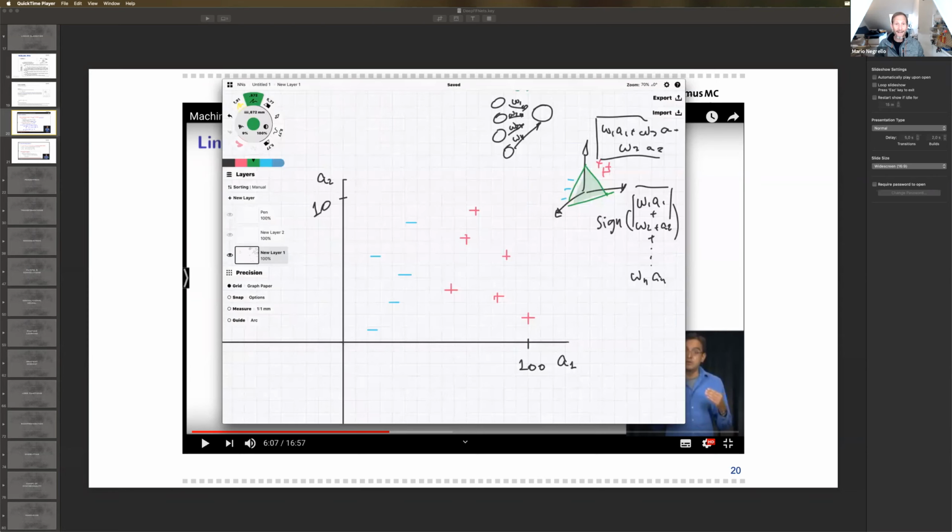Now, say you start with a random network. What does that mean? A random network of two weights in this two-dimensional case, with two random weights W1 and W2, and potentially a bias. I'll add a bias in this particular case.